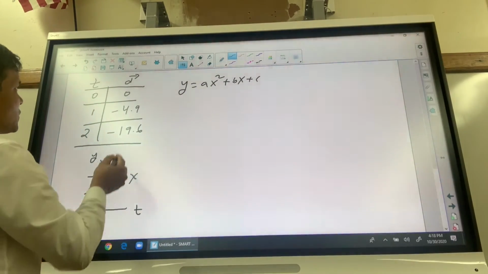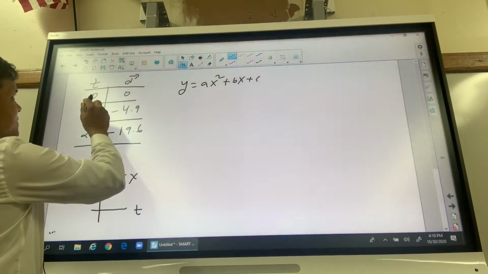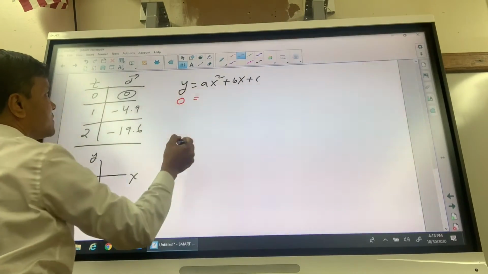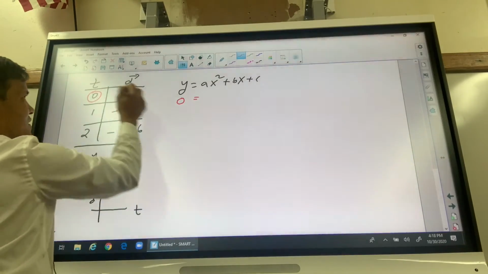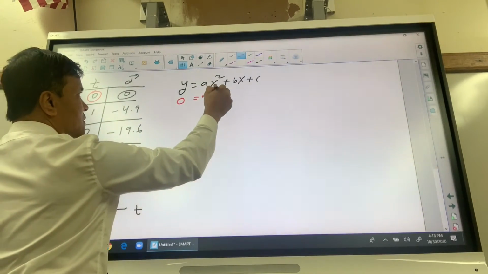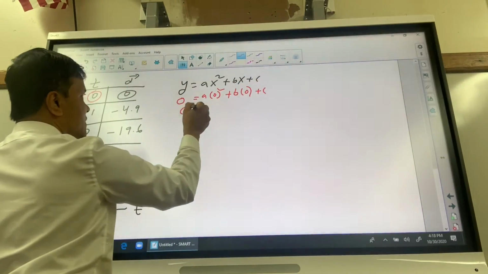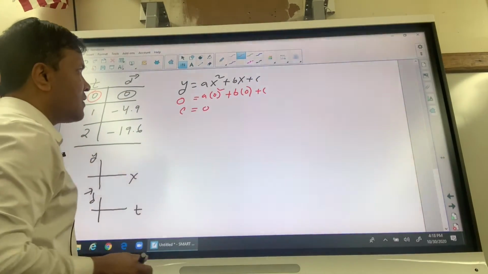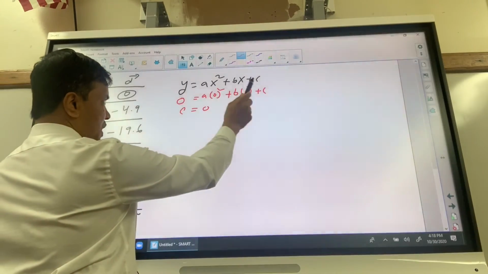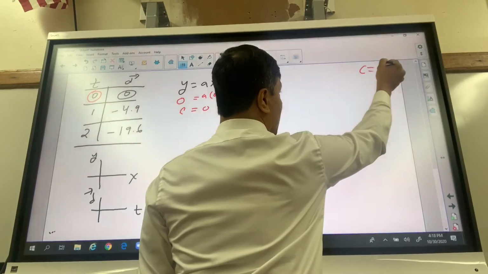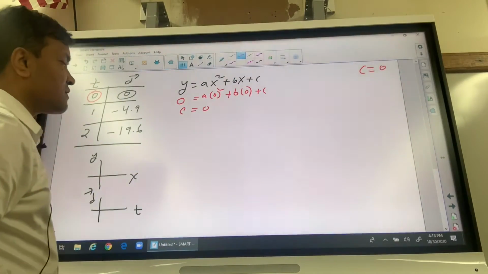If that's so, then y is 0 when x is also 0. So c is equal to 0. So we know a value of a second degree polynomial, at least the value of the constant. So c is equal to 0. We're gonna put it over there.